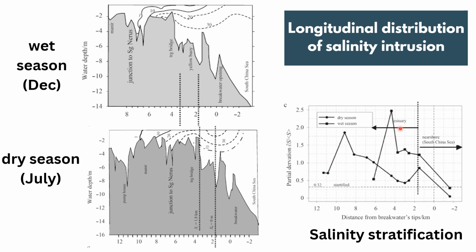And as we can see, the square line here shows the wet season. So this one is the wet season, and the other one is the dry season.